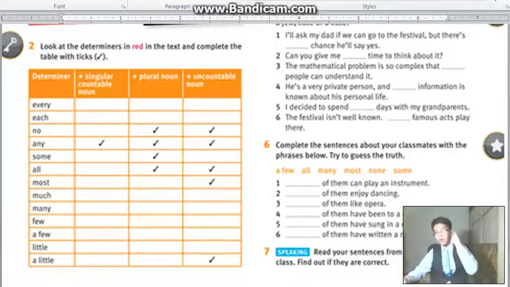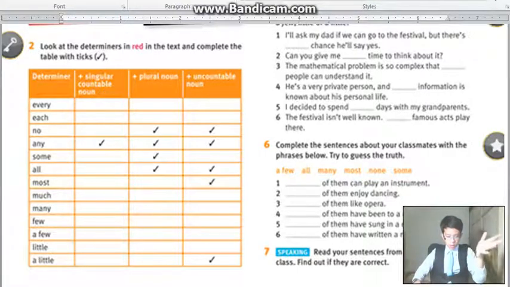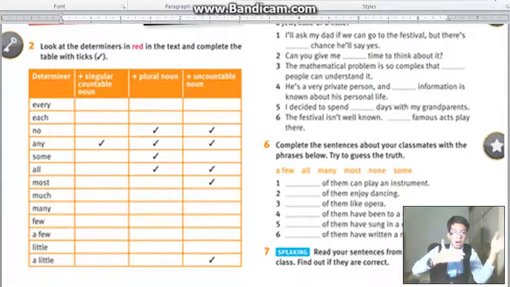Then they raise their hands. If there is only one, you have to put a few. Alright, a few, or maybe many, not too much. You can put many, most, but still a little group of people don't know how to play an instrument.